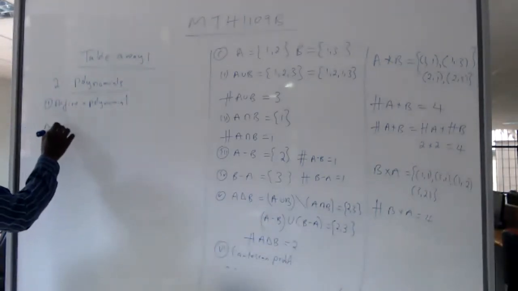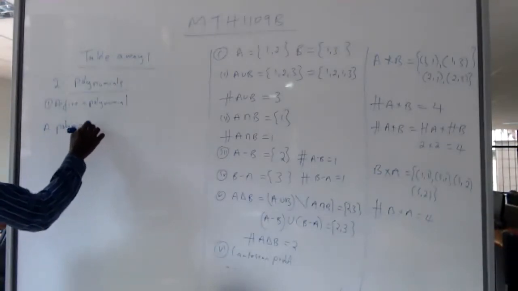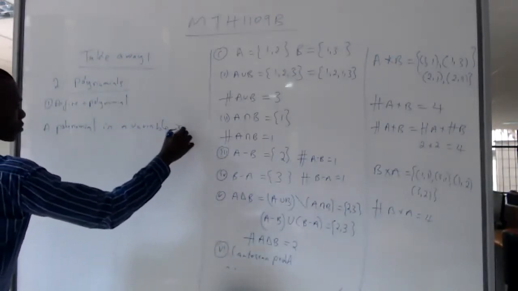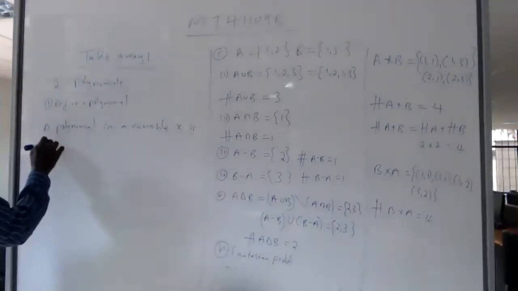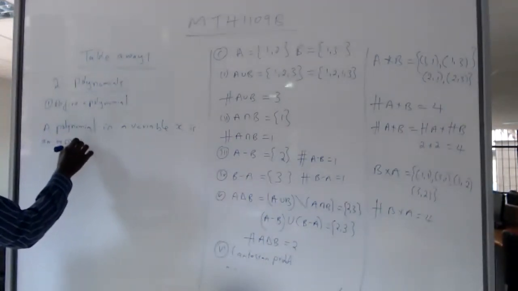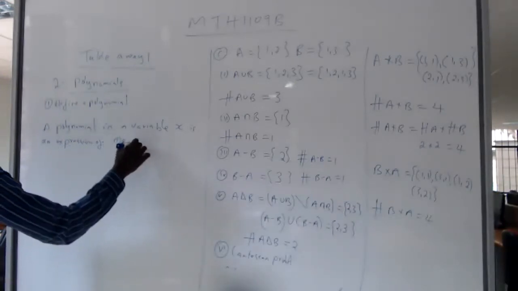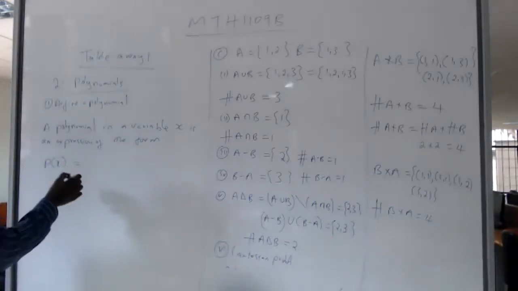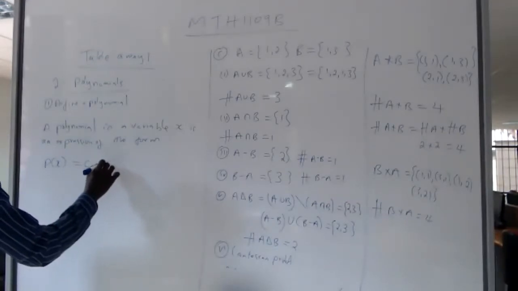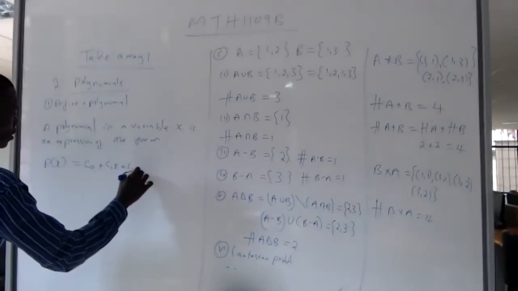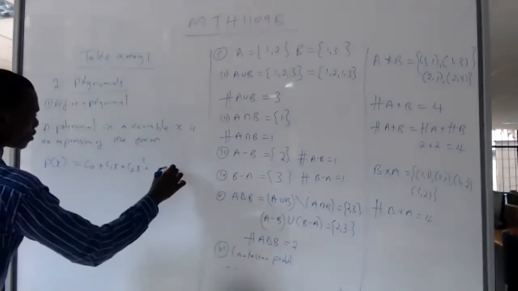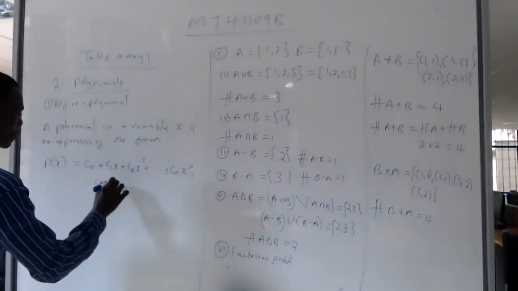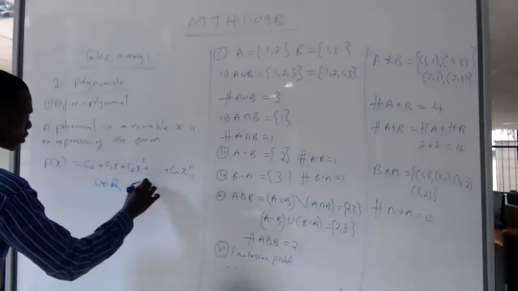A polynomial in a variable x is any expression of the form p of x equals c naught plus c1 x plus c2 x squared all the way to cn x to the n, where the ci belong to the real line and n is a positive integer.